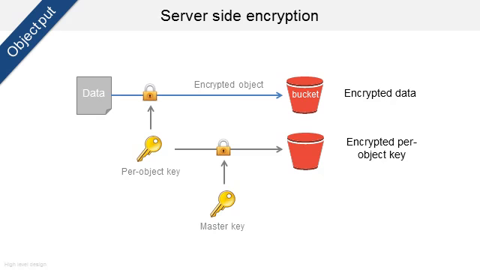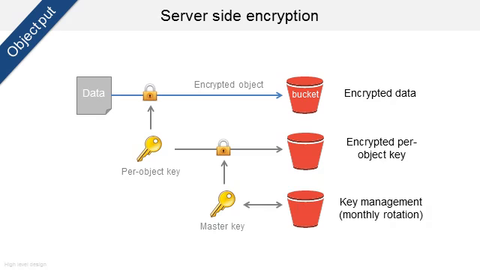And those master keys, they're rotated on a monthly basis. So that provides you with a strong mechanism for encrypting data while it's at rest within S3 in one of the AWS regions around the world. And it can help you meet certain compliance requirements that you might be required to meet.